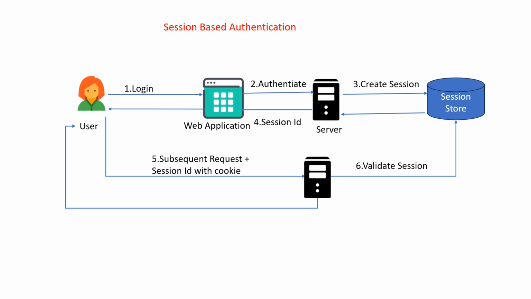From the next time onwards, the user only needs to provide the session ID, and based on that, we can verify the user and they are able to access our resources, right? So this is basically a stateful kind of interaction, because we have to maintain the state of the conversation.